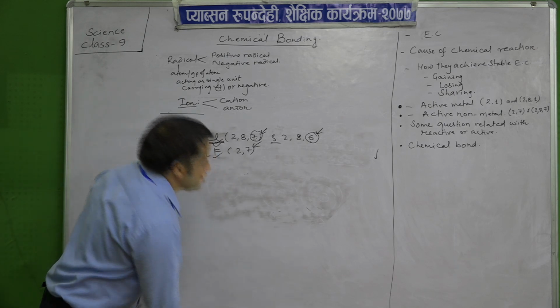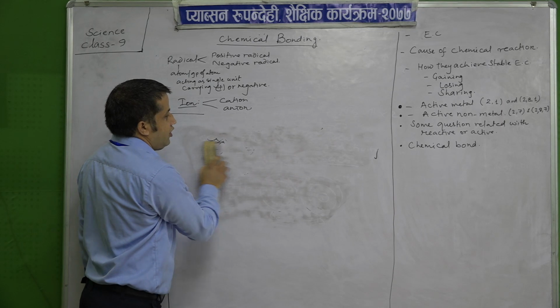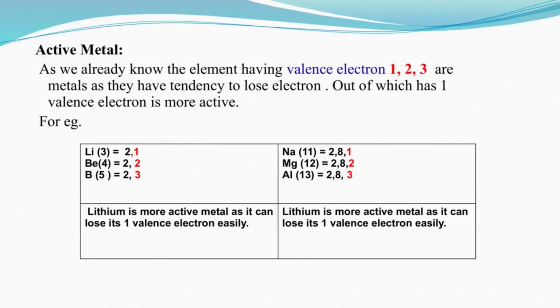Okay, so let's see the slide. It is the same thing which I have explained. Please put the slide. I have just told you about the active metal and active non-metal. First we are studying the active metal, because when you start chemical reactions or chemical bonding, we have to understand this.